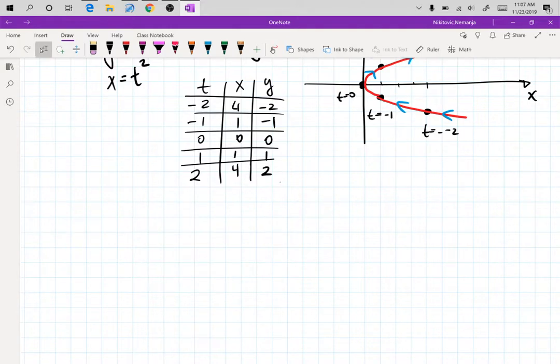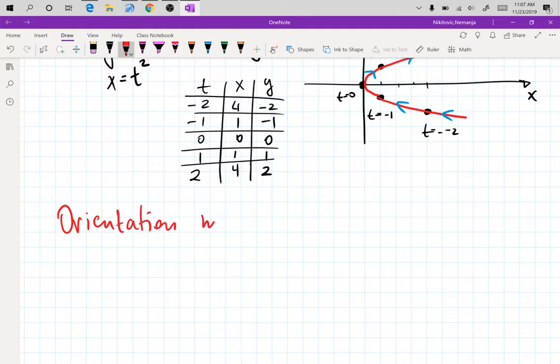Orientation is in the increasing t. As t increases, the orientation moves in the direction of t, growing t, increasing t. Orientation can change as t changes.